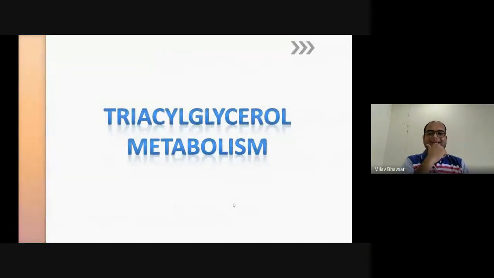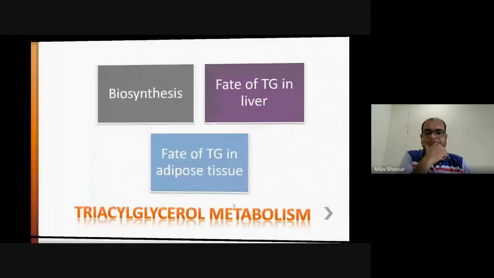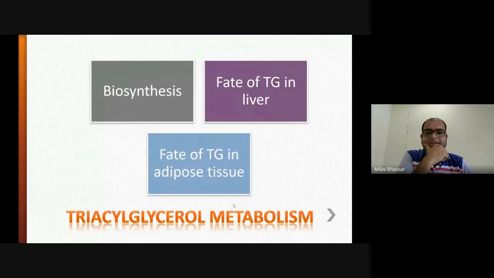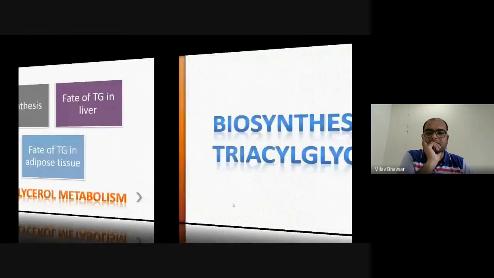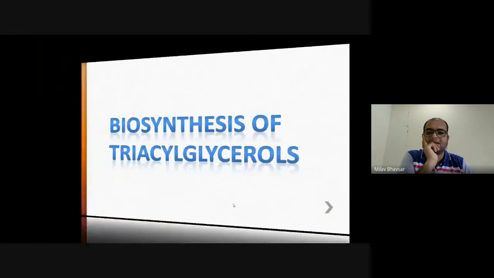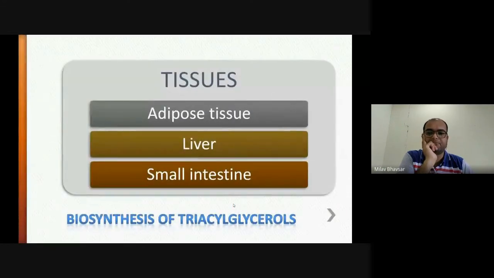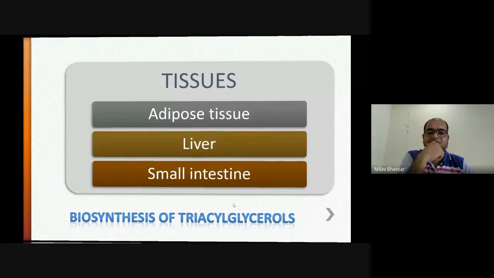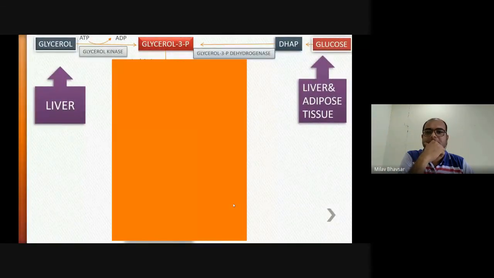Then comes the triacylglycerol metabolism. How it is generated, what happens to TG inside the adipose tissue, as well as liver and small intestine. So this is the process. You have glycerol or glucose in the liver or adipose tissue.